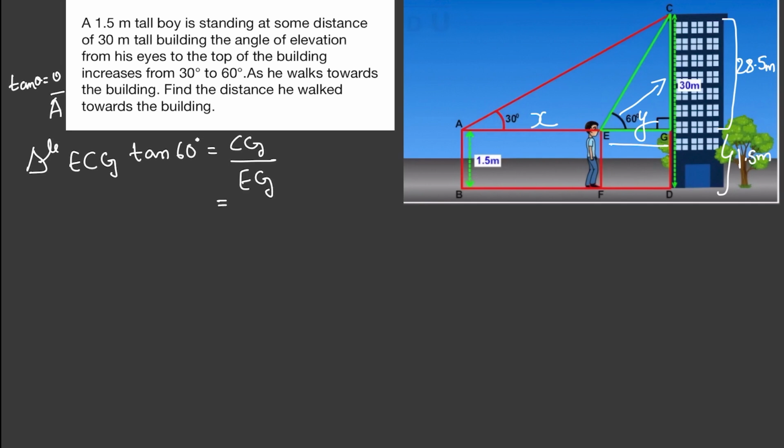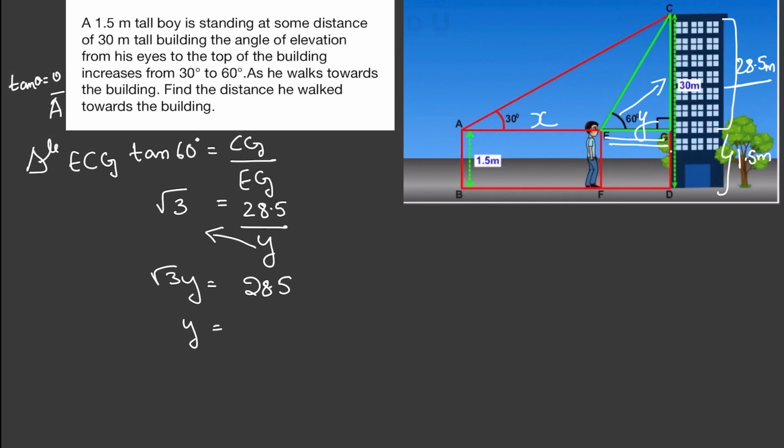From the diagram, we very well know that CG is 28.5 meter divided by the EG value, which we take as y. And we all know that the tan 60 value is root 3. Take y to LHS. Root 3 y is equal to 28.5.